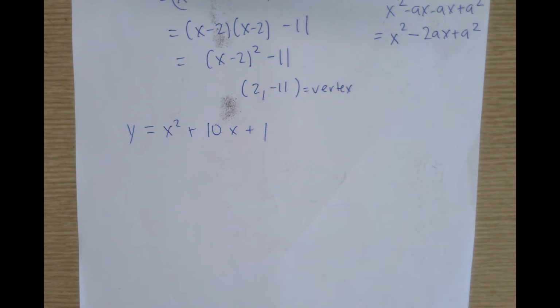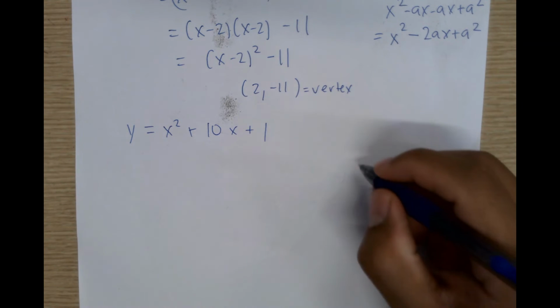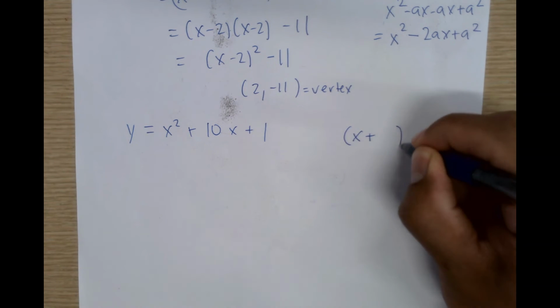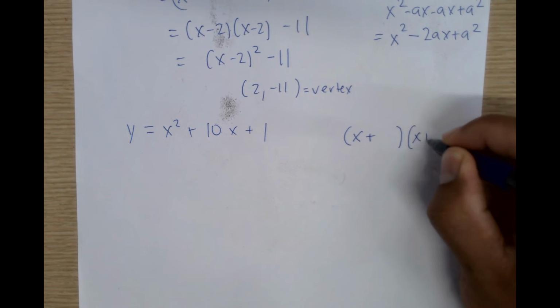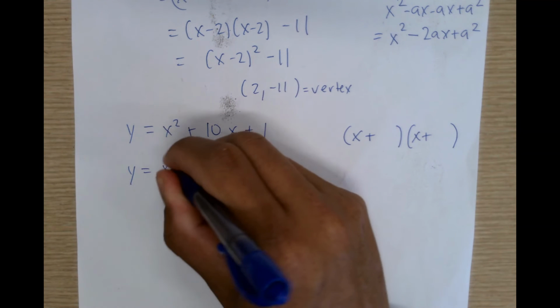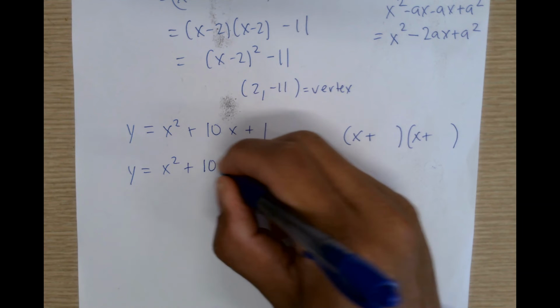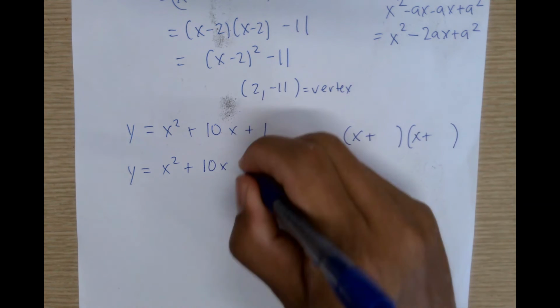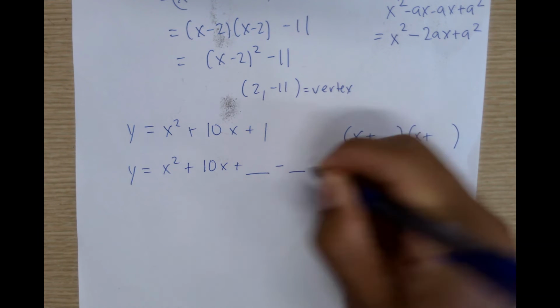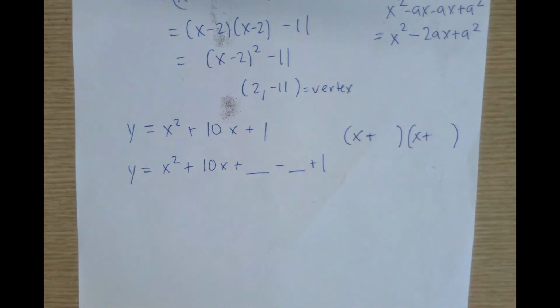So what I can do here is I know that this is going to be x plus a number here, x plus a number here. I know it's going to be y is equal to x squared plus 10x plus something, and then minus that same thing plus 1. Okay, so I want you to think about this number right here, this 10x.